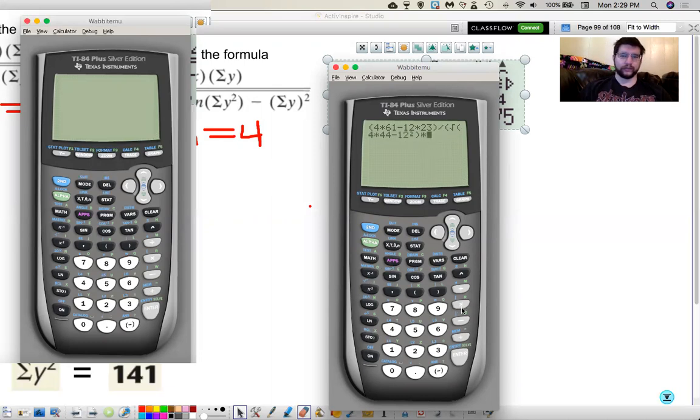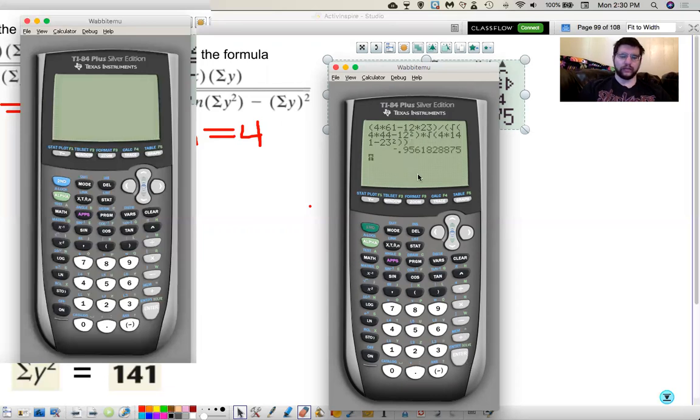Times another square root. And again, it opens its parentheses for us. 141, 3 squared. I'm closing parentheses for my second square root. And now I'm closing parentheses for my denominator. And there we go.